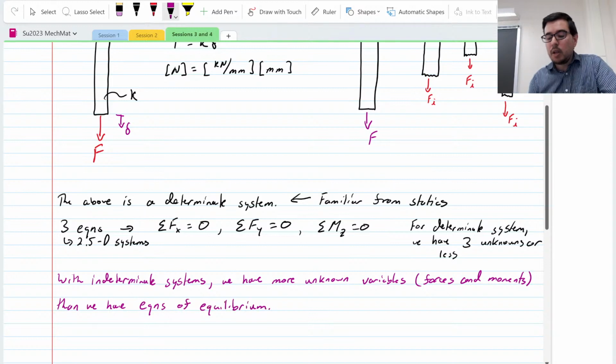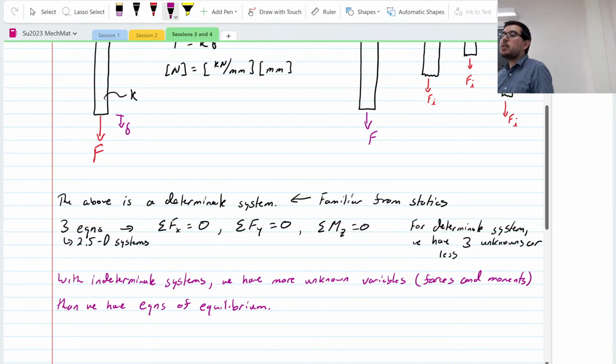If you have one more unknown than you have equations, that's an indeterminate system to degree 1. We're going to talk about this a lot more throughout the class, but this is just to give a basic overview, and it aligns with what you'll be viewing in the video.